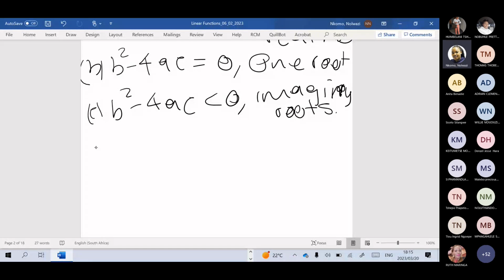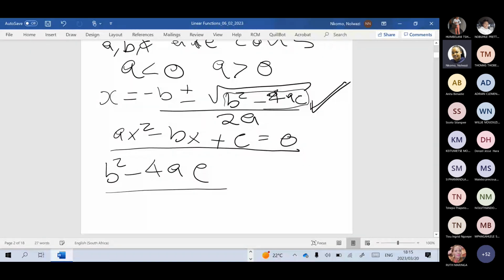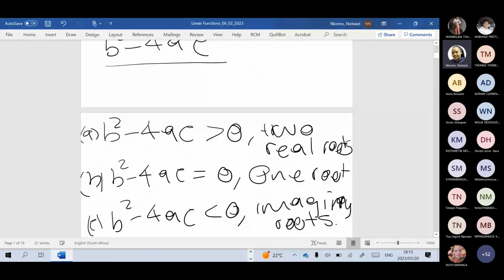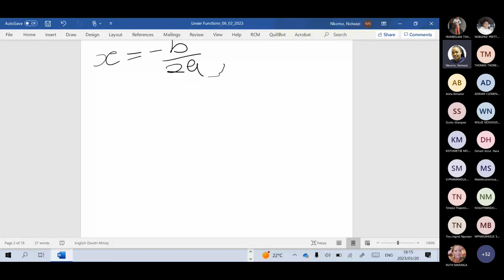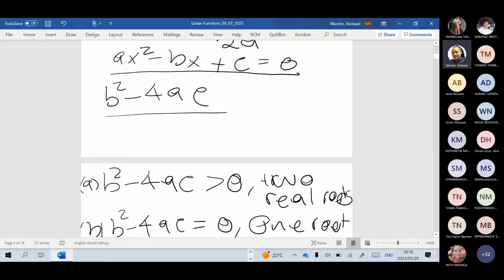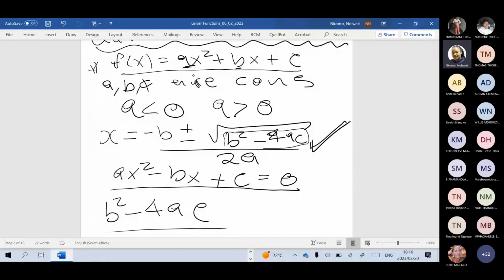Remember, this is our a and this is our b. After finding the x value, you substitute it back into the function and find the corresponding f value.